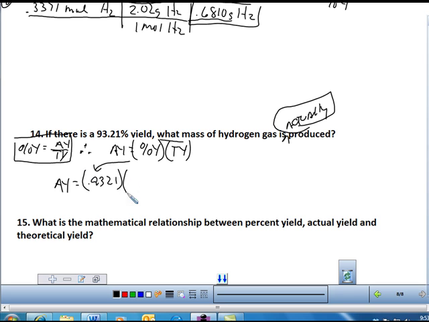There are no units there. And you're going to multiply that by the theoretical yield that you calculated up here, 0.6810 grams of hydrogen. And you do that calculation, what do you come up with? 0.6348 grams of hydrogen.